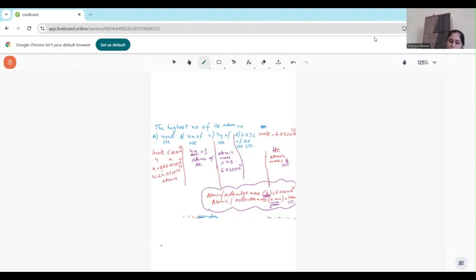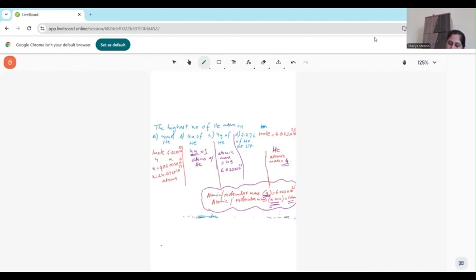Now, the next one, 2.27 liters of helium. How many particles does it have? How do you find out this one? You need to find the number of moles first.